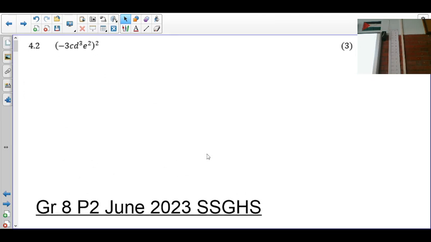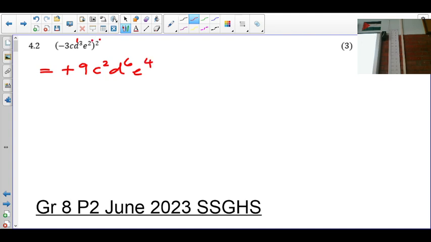People, there are two ways of doing the sum here. I can either write it out twice, or if you know the rule, you apply the rule. Negative to any even exponent will be positive. 3 squared, of course, is 9c. There's a 1 there, 1 times 2 is 2. D cubed raised to the power 2 is d to the 6. And e squared, times 2 is 4.